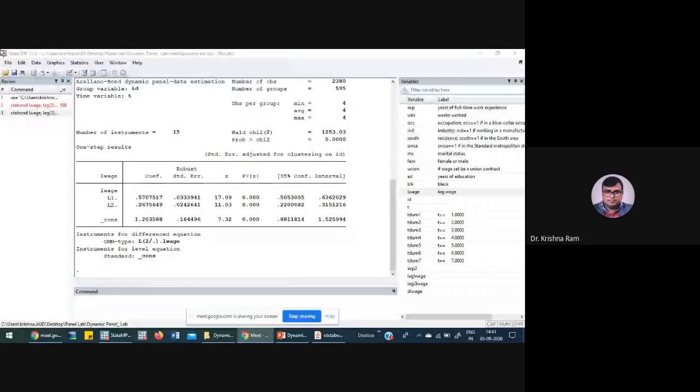And you can see here that the coefficient values of both of these coefficients are statistically significant.